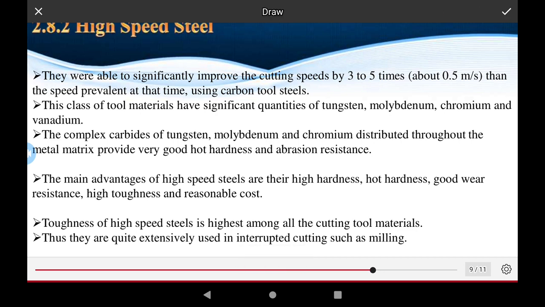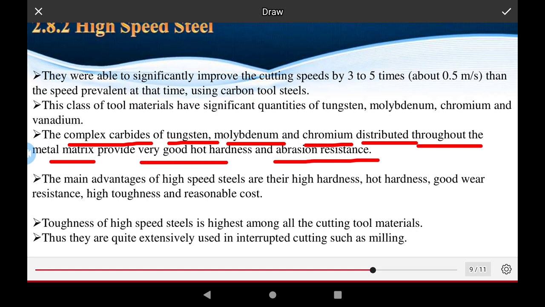The complex carbides of tungsten, molybdenum and chromium, distributed throughout the metal matrix, provide very good hardness and abrasion resistance.